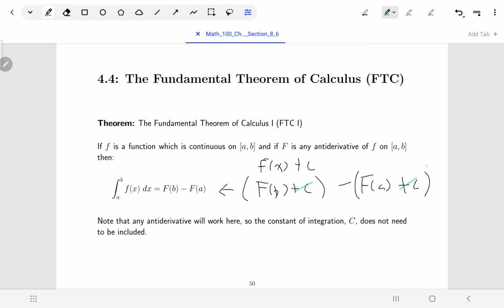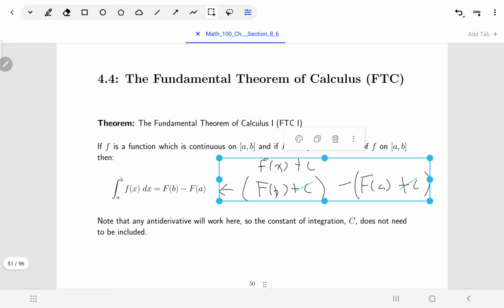So when I do the fundamental theorem of calculus, I will find my antiderivative, leave off that constant of integration, and then evaluate it at the upper limit minus evaluate it at the lower limit.